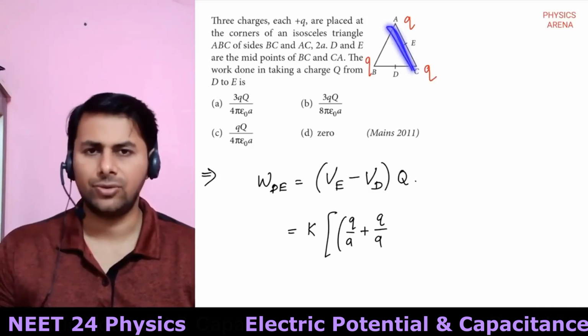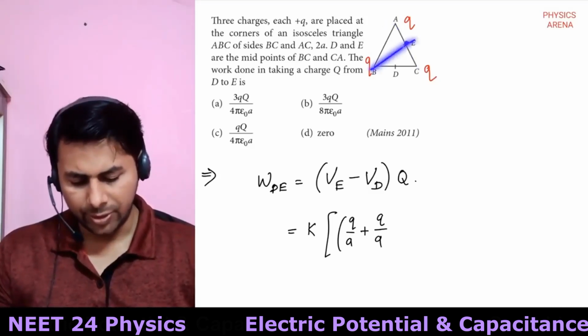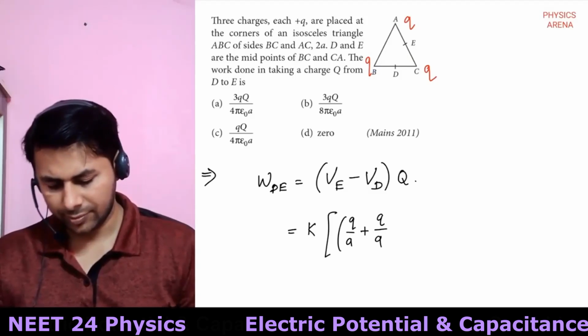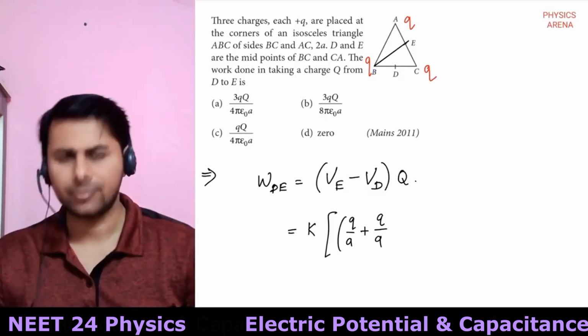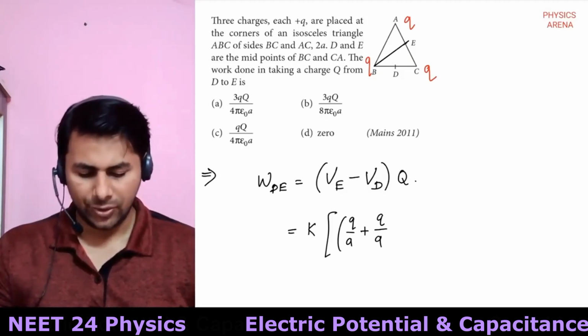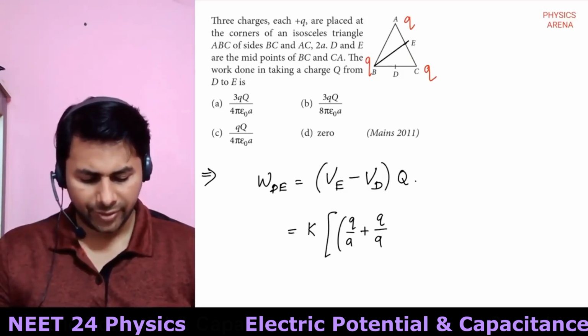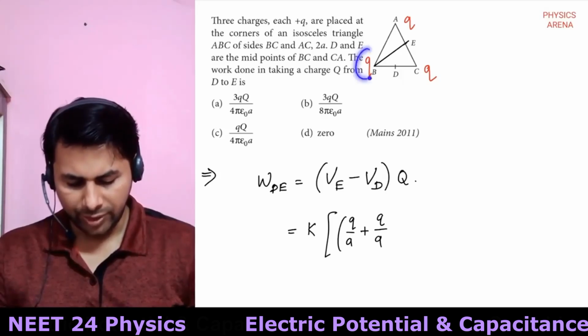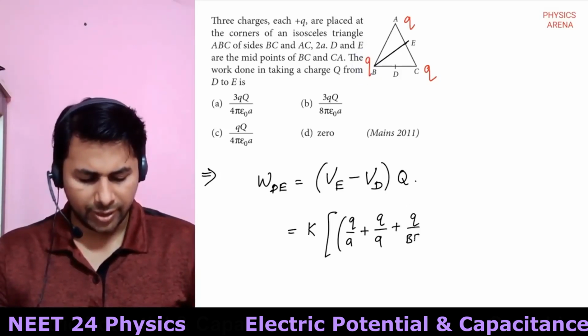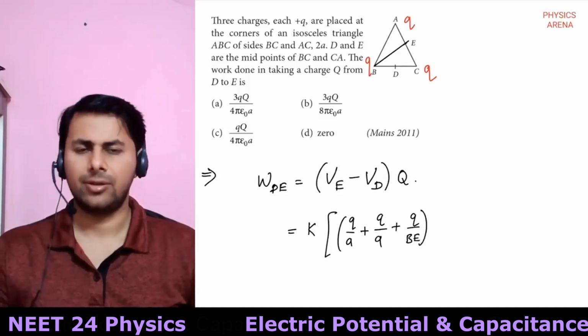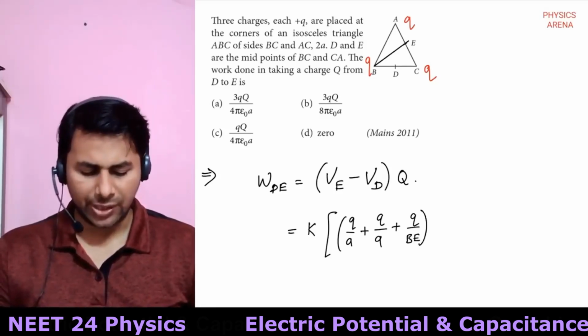Because this total distance is 2A. And suppose this distance is B. So potential due to this one will be plus Q upon BE. This is the total potential at E.